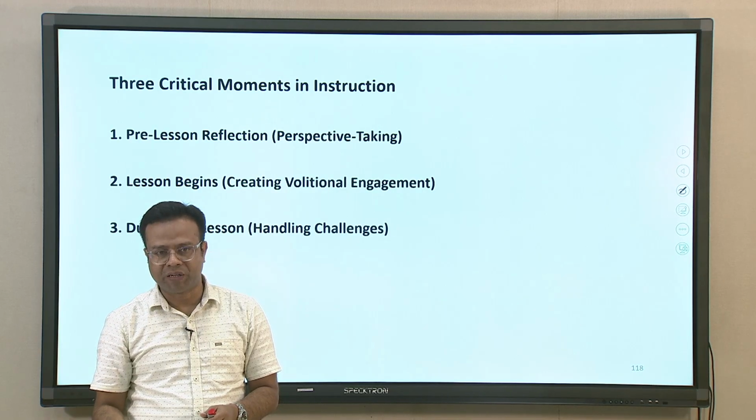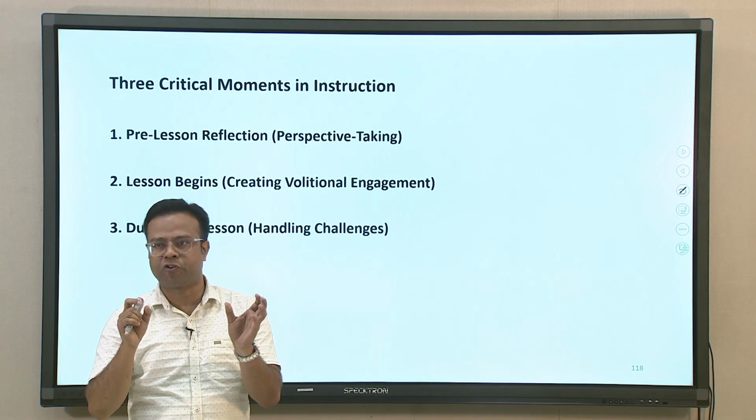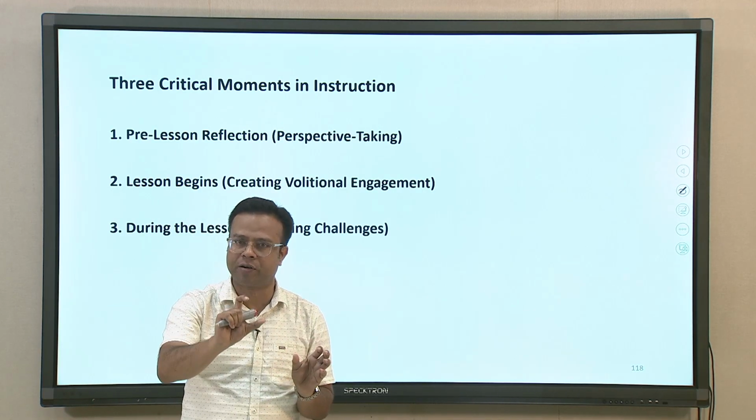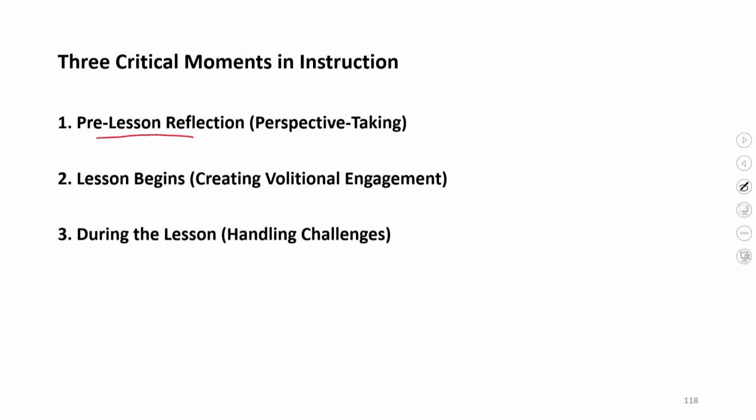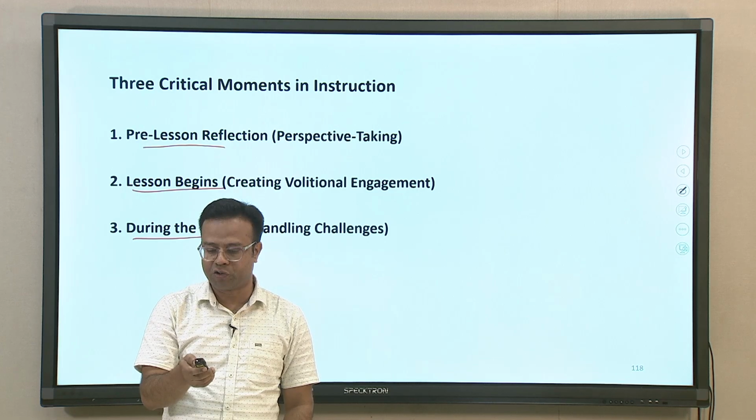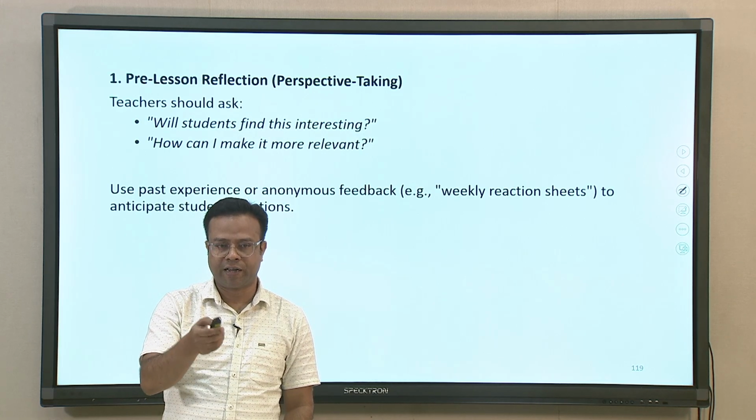Just to give a more specific example, when we give an instruction or teach a lesson, there are three important time periods in that lesson. One is pre-lesson, before you teach a lesson, what should be done. Then when the lesson begins, what should be done, and during the lesson, what should be done. So, these are three important stages or critical moments of instruction.